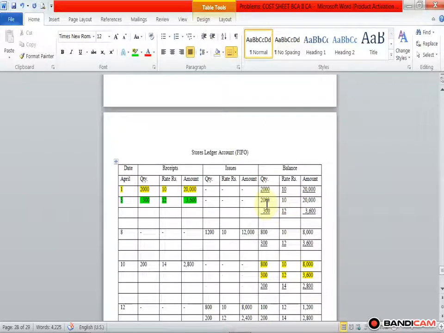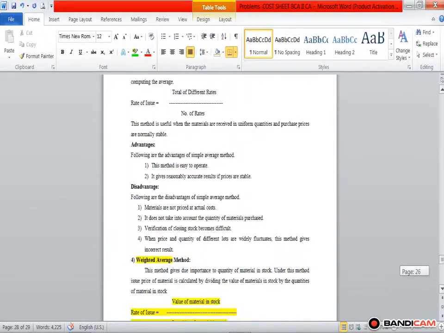So 2000 is written separately, and 300 is written separately. 300 into 12 is equal to 3600. This is the balance on the date of 5th April.